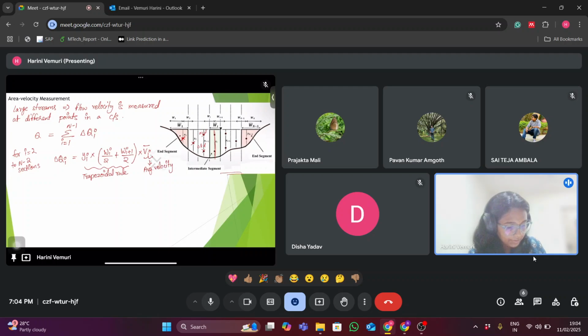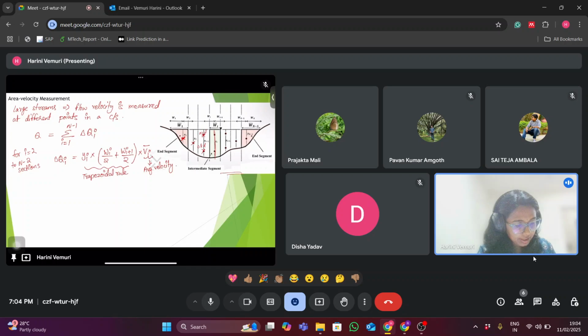As we have discussed, if the depth is shallow, we only measure at 0.6 times d, and if it is deep, we take multiple measurements and calculate the average of them. That will be our average velocity at this particular section. Okay.